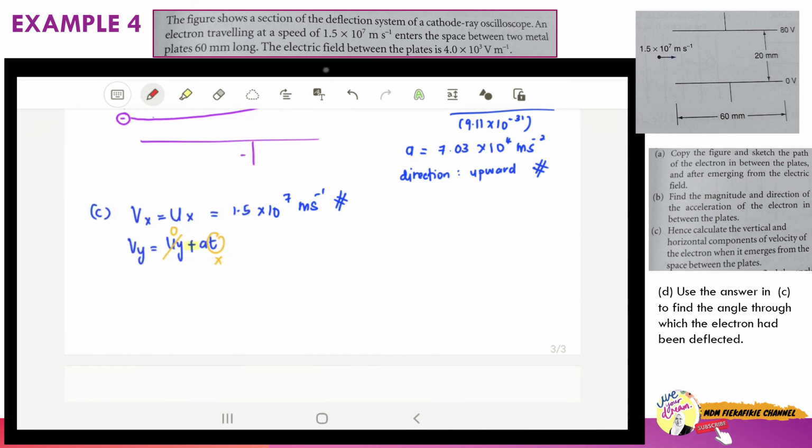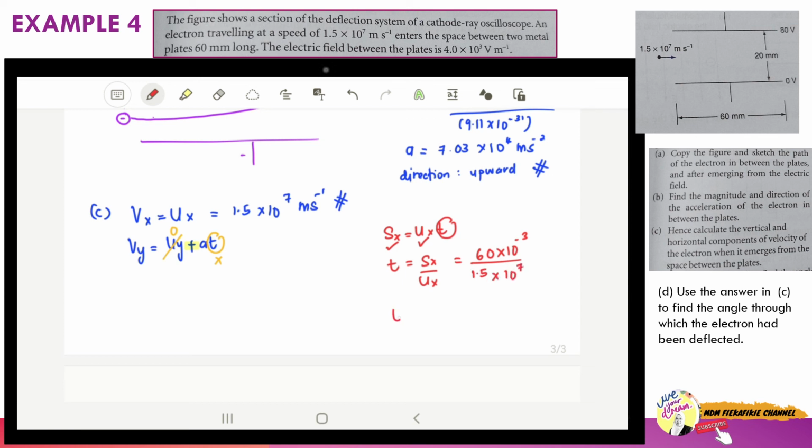We can find t by using the equation Sx equal to Uxt. Kenapa saya guna equation ni? Sebab saya nak cari t and I do have the value of Ux and Sx, where Sx is 60 millimeter. So t is equal to Sx over Ux, which is 60 millimeter over Ux, where Ux is 1.5 times 10 power of 7.